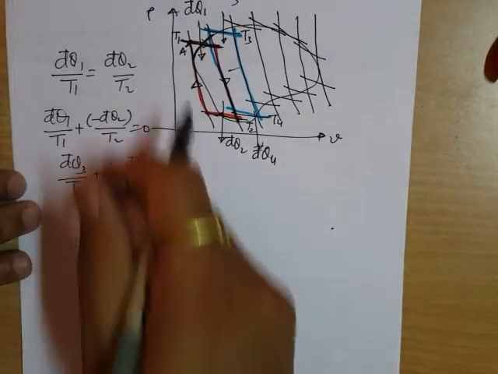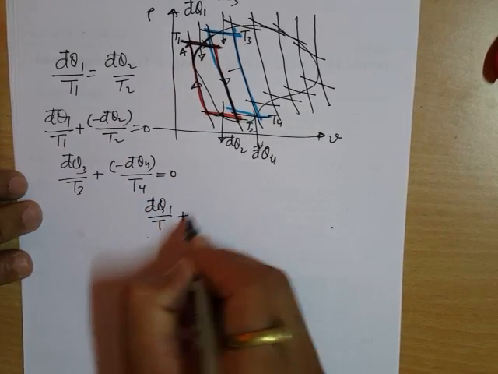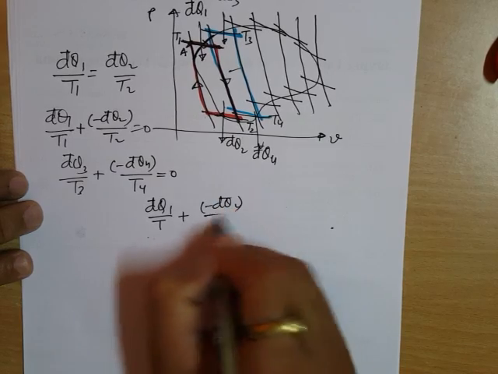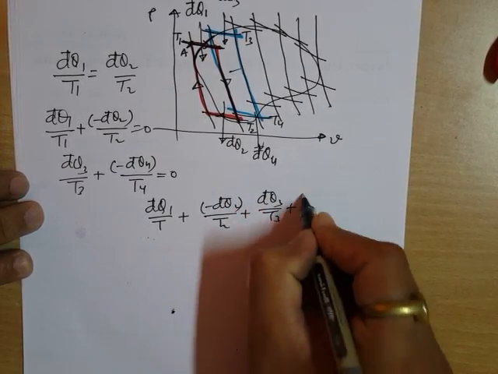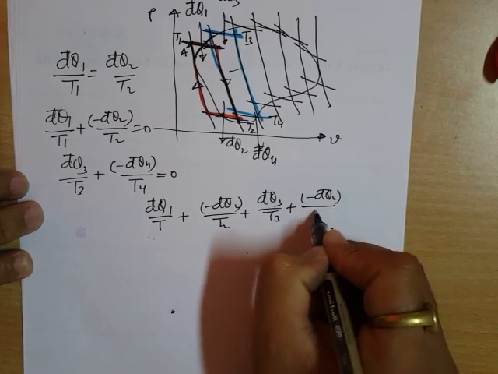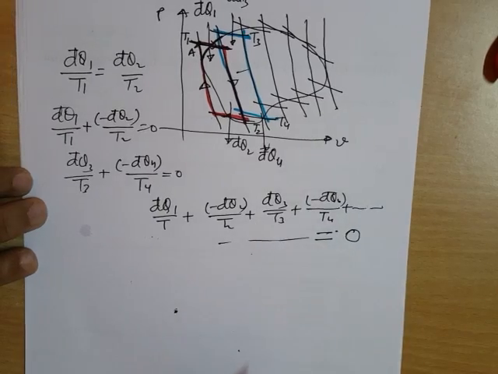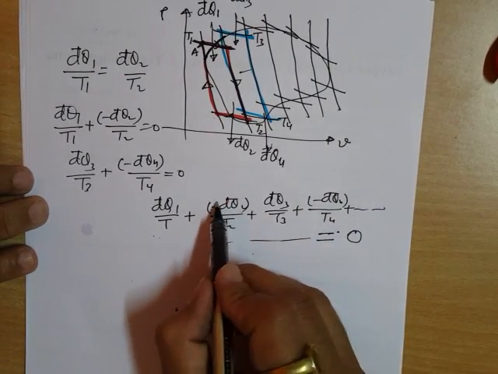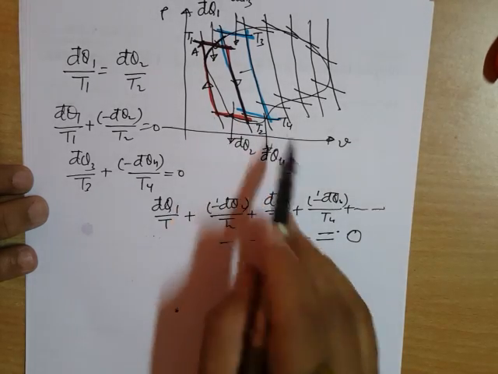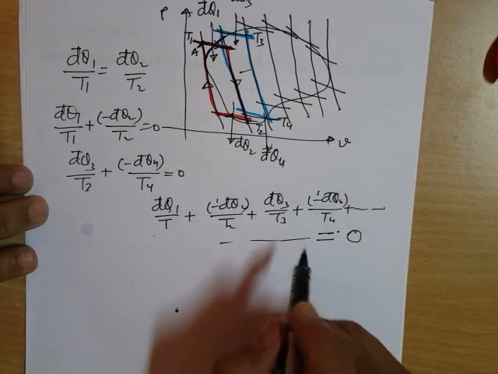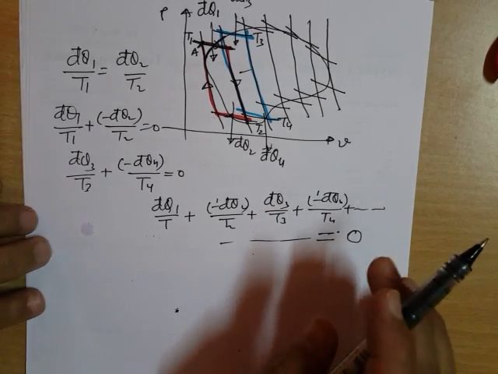So if you sum these up, dq1 by T1 plus minus dq2 by T2 plus dq3 by T3 plus minus dq4 by T4 and so on, this will give you 0. And these minus signs simply mean that this is the amount of heat which is rejected, nothing else.